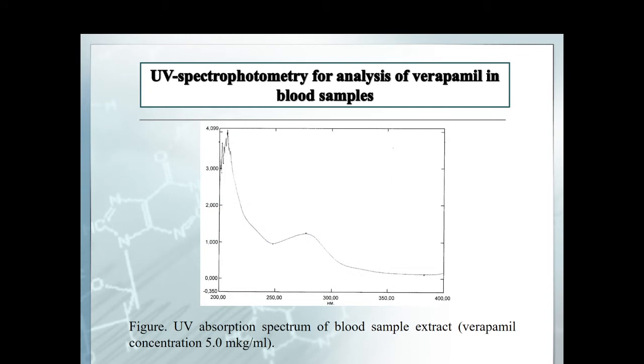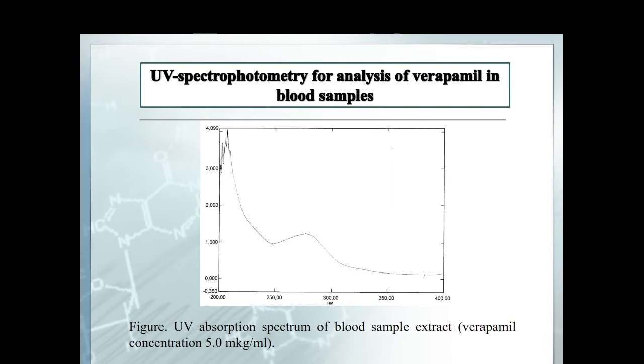For UV spectrophotometry, an absorption peak in the spectrum was recorded for an extract with a verapamil concentration of 5 microgram per milliliter. The analytical wavelength was 277 nanometer. The linear range of dependence of absorption on concentration was from 10 to 160 microgram per milliliter for solution in the sample cell obtained from a reference material of verapamil.